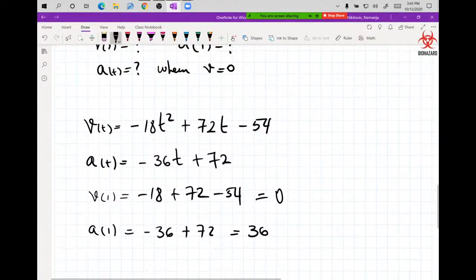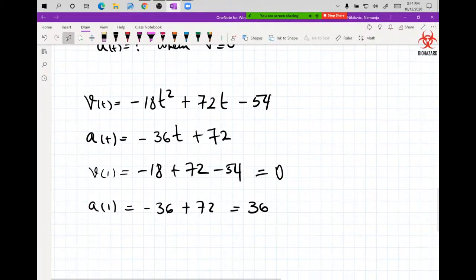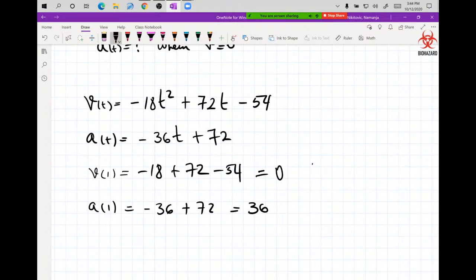Now, if I give these units, then we can call velocity meters per second and acceleration meters per second squared. You can also do feet per second and then feet per second squared. You can do miles per hour, right?